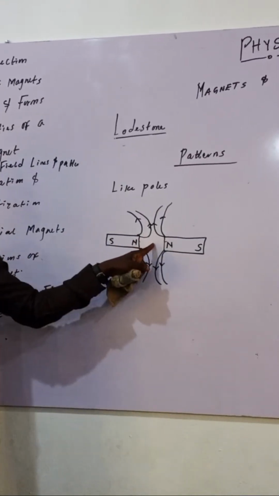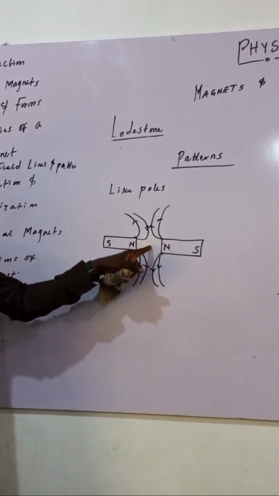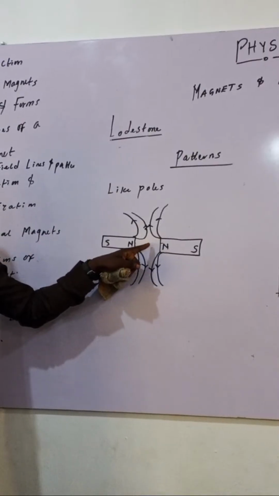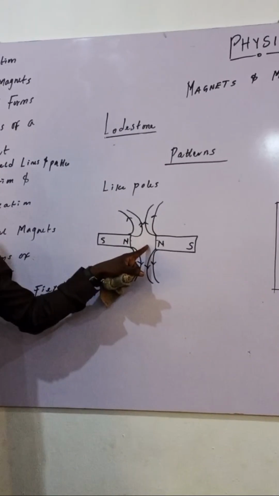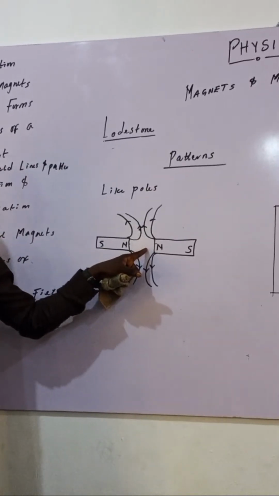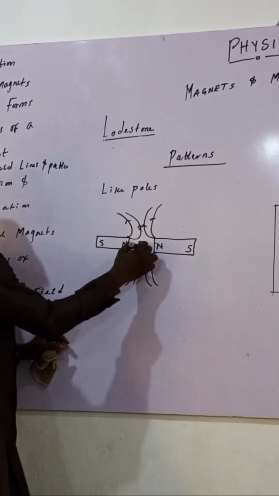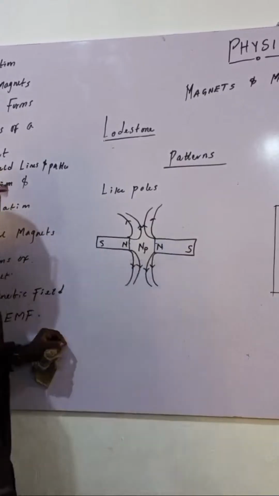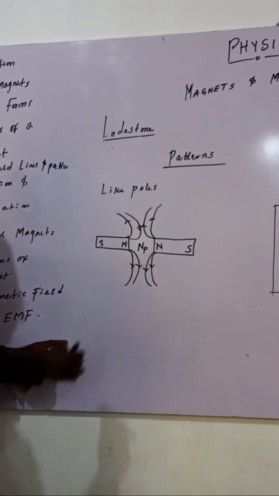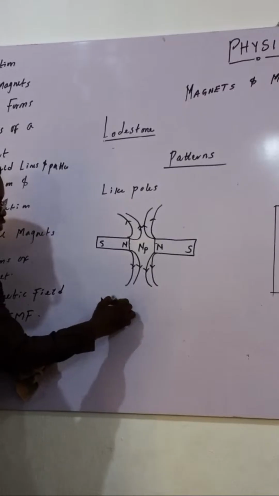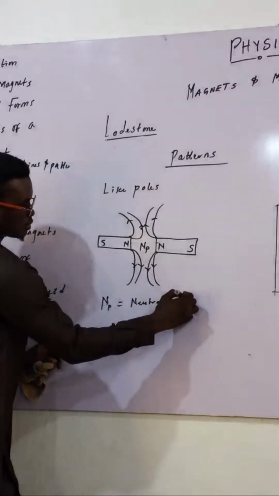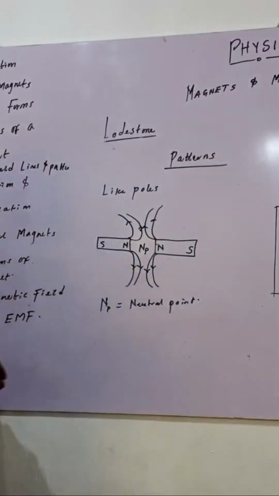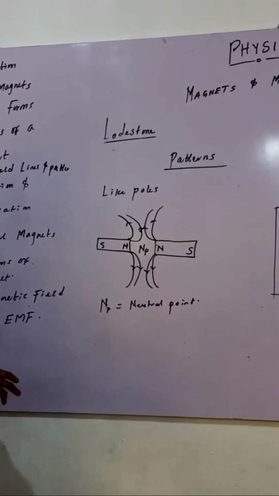So at this region now, if I put anything here, do you think it will experience a magnetic force? No. So that part where you will not experience a magnetic force is called the neutral point. So N sub P is called neutral point. So there will be no magnetic force in that region.